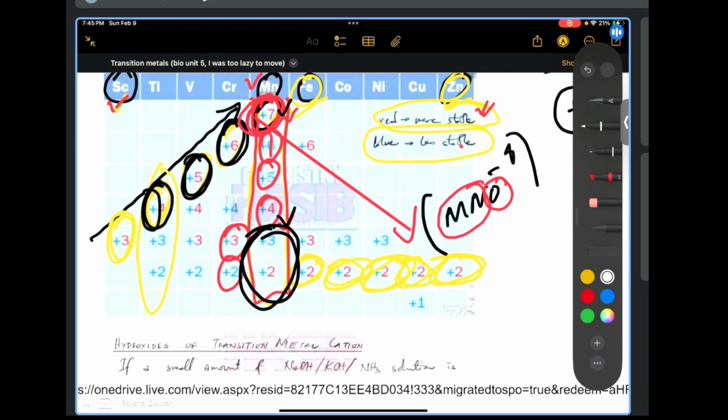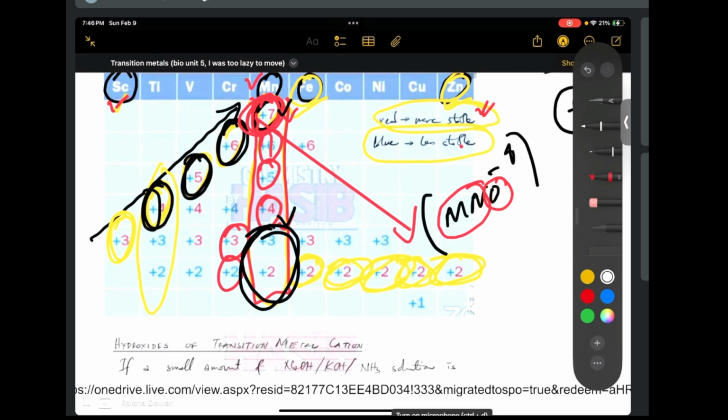Does anyone have any problem regarding scandium to manganese? At least say yes, I've understood. Please, if anyone has a problem, say so, quick. Hello. I got it.